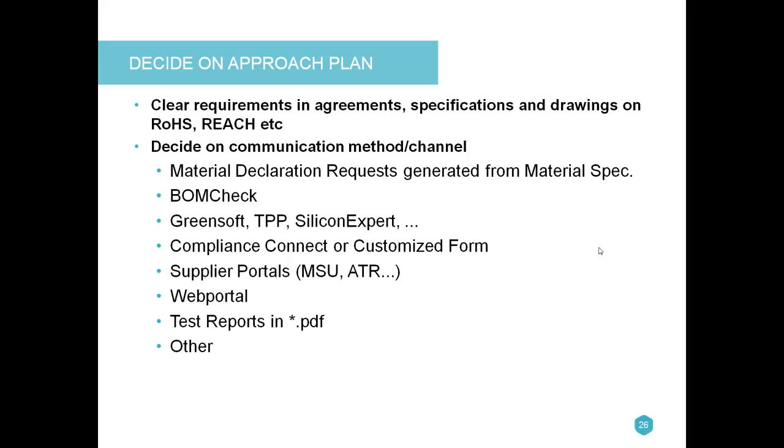Supplier portals can also be used for direct communication with the supplier base. And do you need test reports? You also set that in your risk assessment. What kind of information do you request from your suppliers?